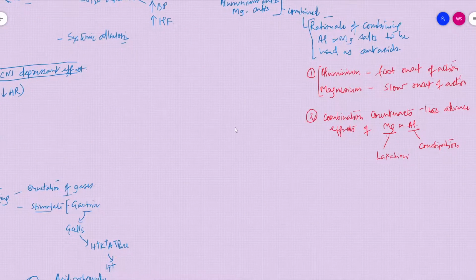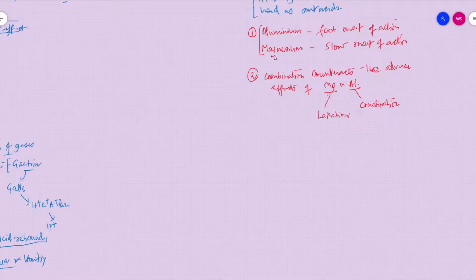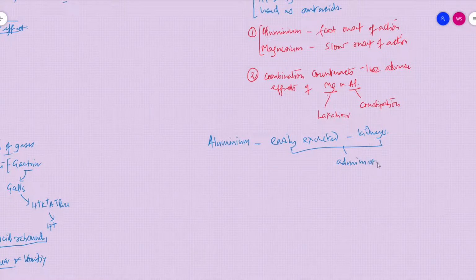There is another important point that we need to remember about aluminum. Aluminum can be easily excreted from the kidneys. Magnesium is difficult. Therefore, aluminum salts can be administered to patients having kidney insult.